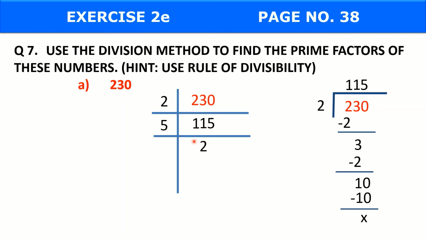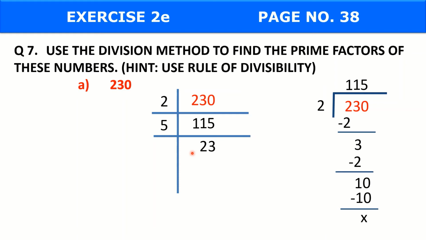When you multiply 5 times 2, you will get 10. So the remainder is 1. Keep this remainder in your mind, and 1 with 5 become 15. 5 times 3 is 15. So, the number is 23.